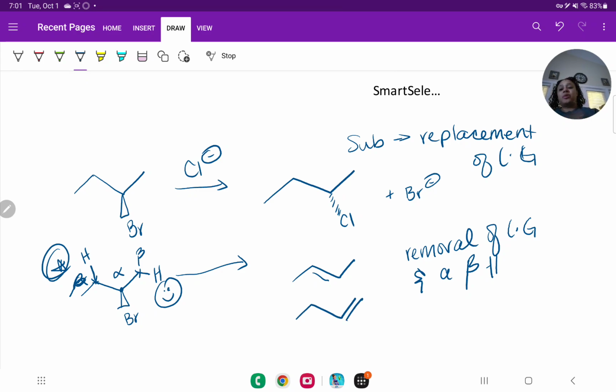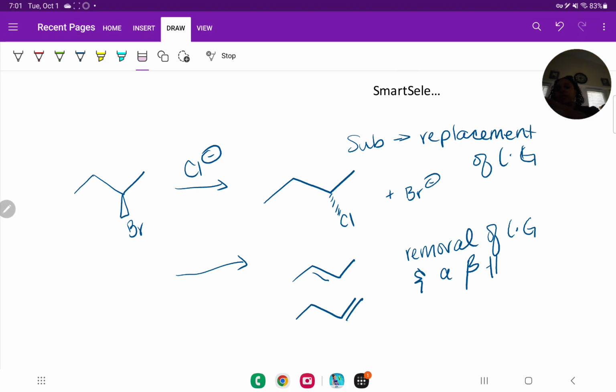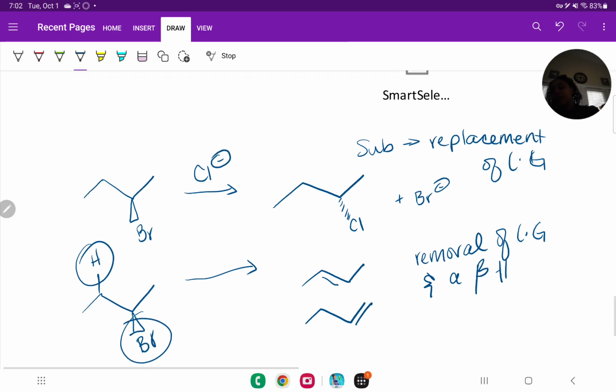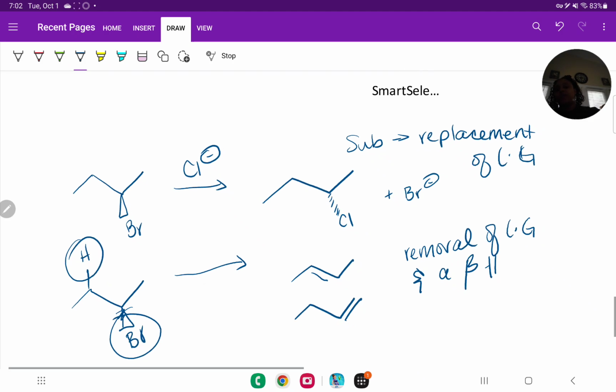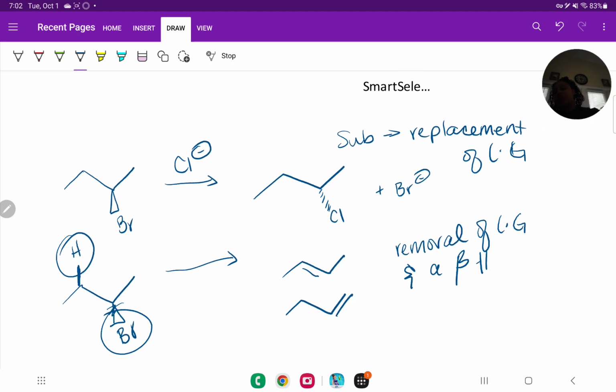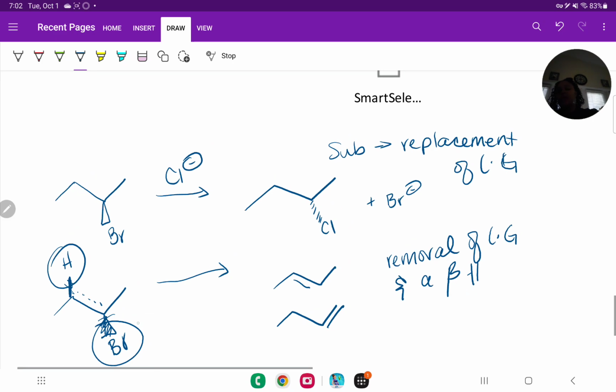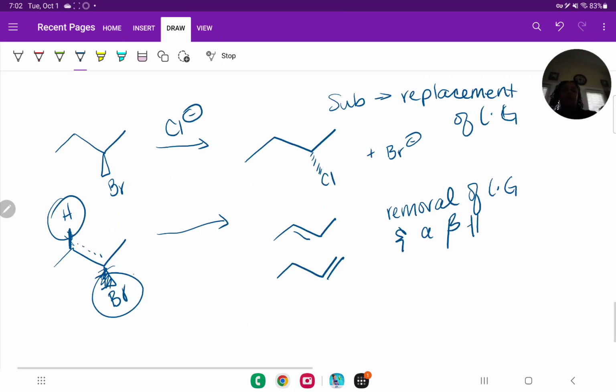But essentially what I'm doing, and I'm going to do some erasing, I'm essentially removing the leaving group, removing the hydrogen, taking electrons from the bond between the carbon and the hydrogen to make a double bond here, and taking the electrons in the bond from the bromine and putting them as a leaving group onto your molecule.